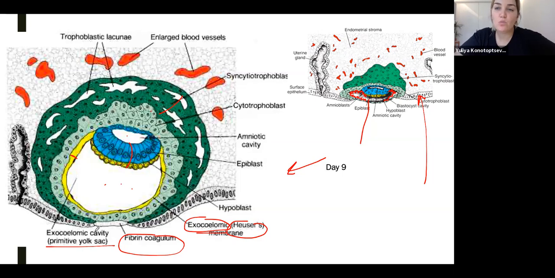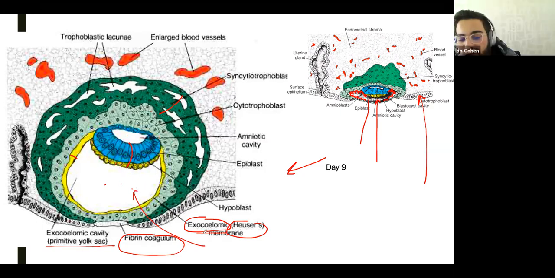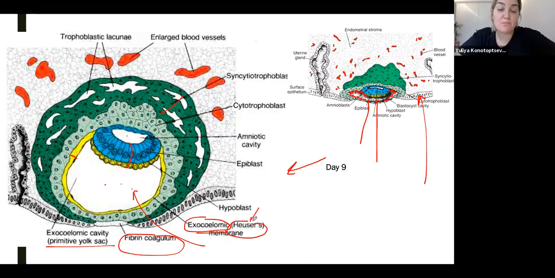What is the only difference between the blastocyst cavity and the primitive yolk sac? The presence of Heuser's membrane. That's the only difference between the two cavities. They're basically the same cavity, so just add the Heuser's membrane, and this is your primitive yolk sac.